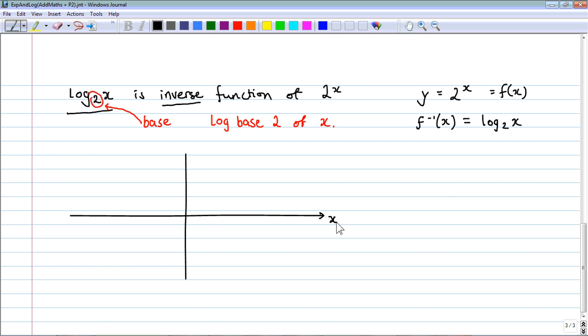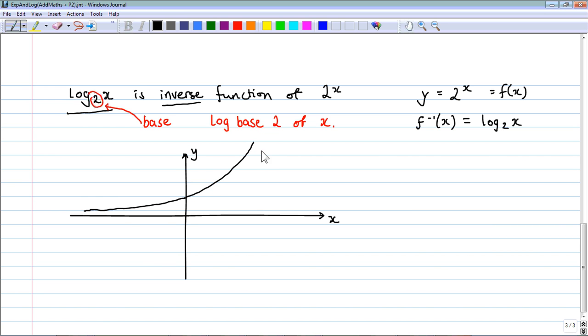So I have my x-axis and my y-axis. So I'm going to repeat my drawing of the exponential function 2 to the x. I'll draw some kind of curve, maybe starting here. There we go, that's better.